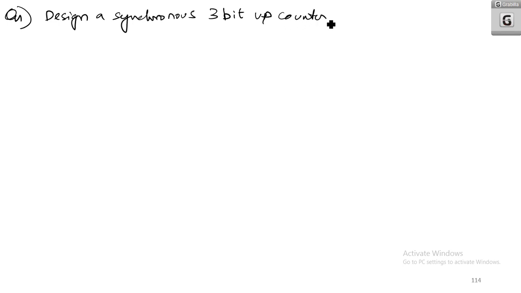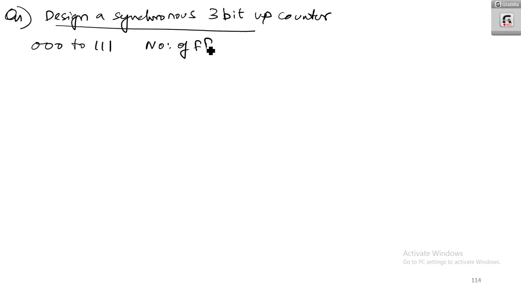Now it is already given that it is 3-bit. So what is 3-bit? It can count from 000 to 111. And each flip-flop can store only 1 bit. Therefore, the number of flip-flops required is 3.